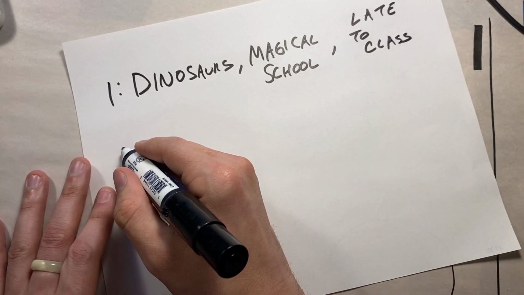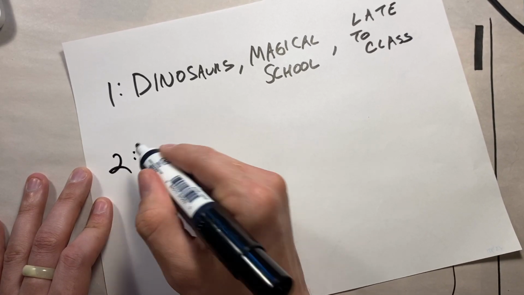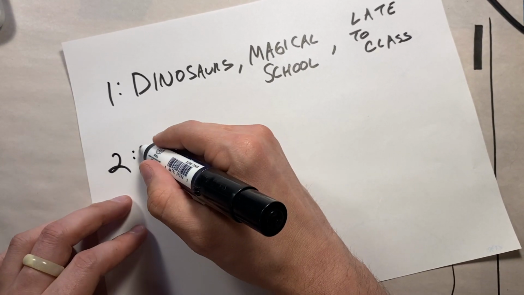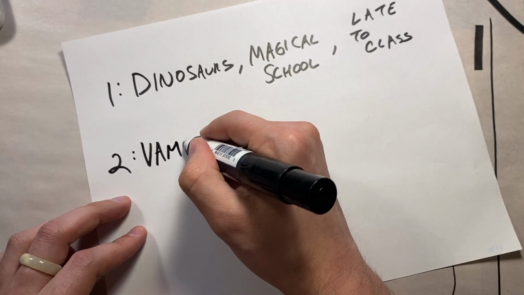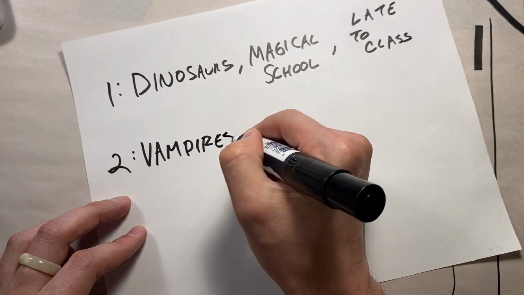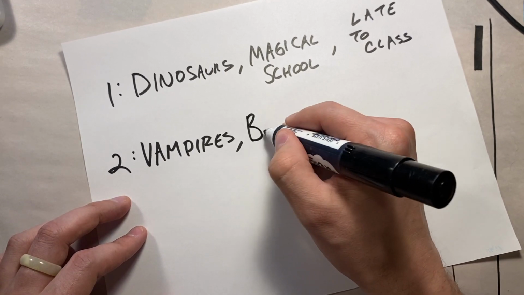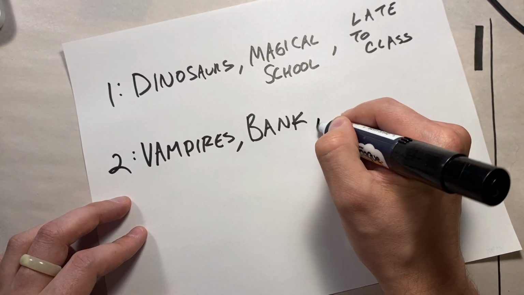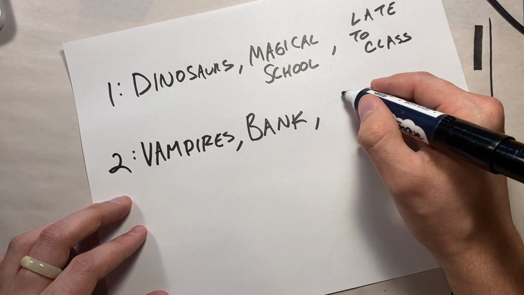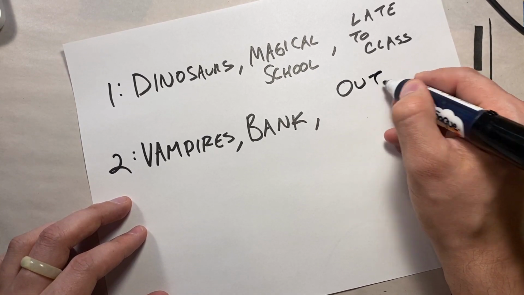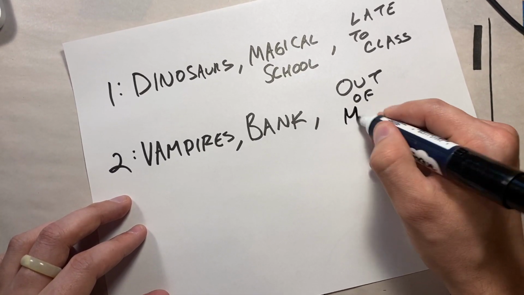All right, so that's scenario number 1. Scenario number 2 you could work with would be vampires. I also grabbed bank. And then the problem that they are out of money.